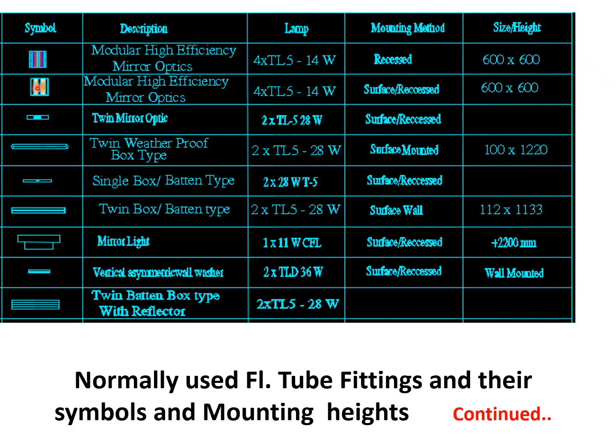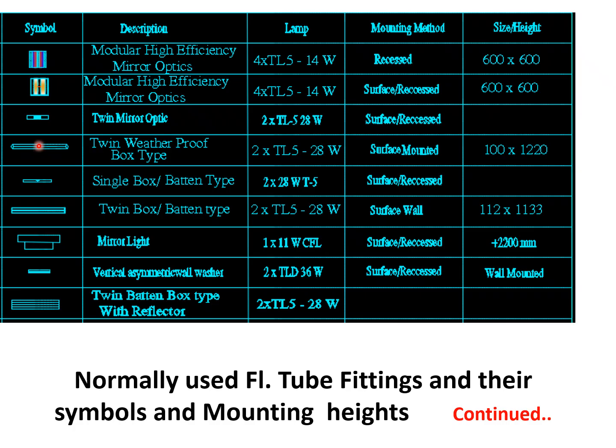Similarly, a modular high efficiency mirror optic fitting of 14-watt category with the same dimensions. Then this is a twin mirror optic light fitting of 28-watt category. They may be surface or recess mounted.